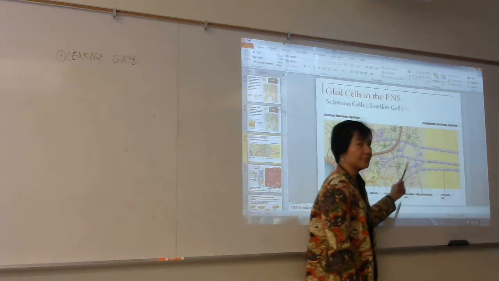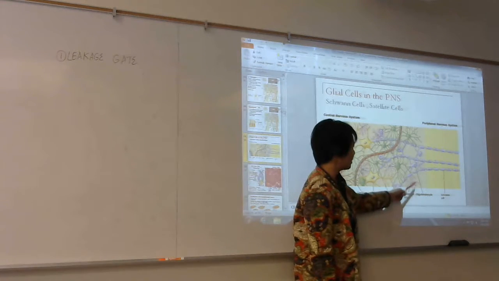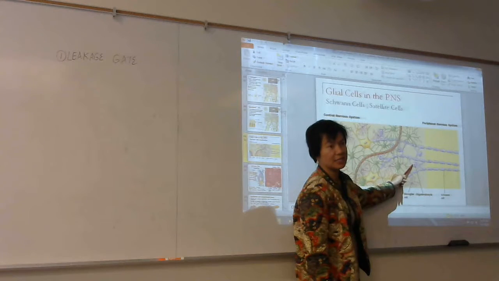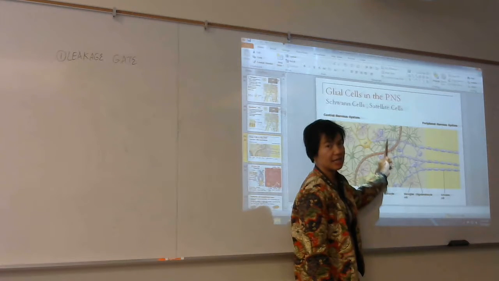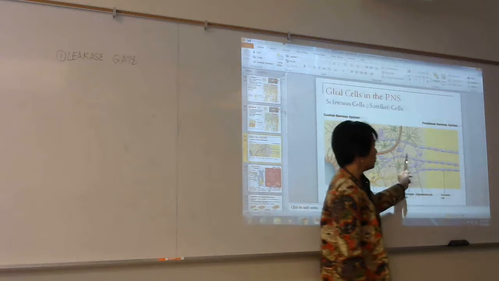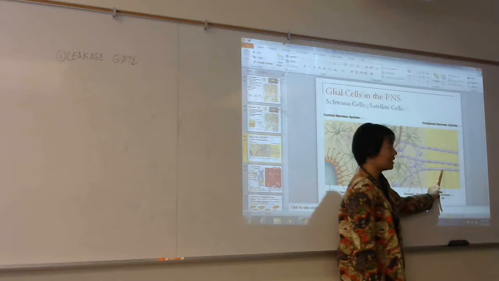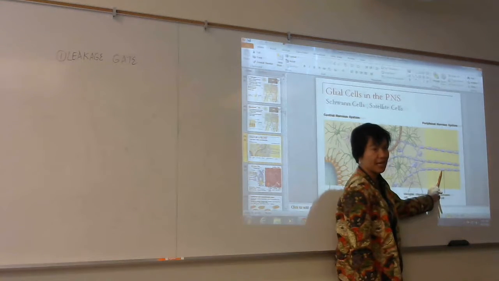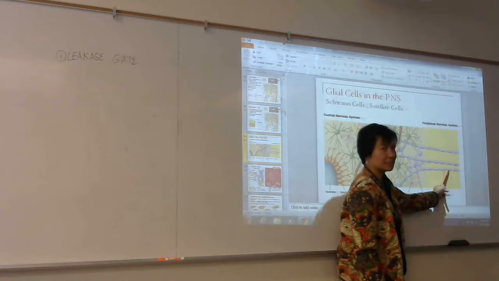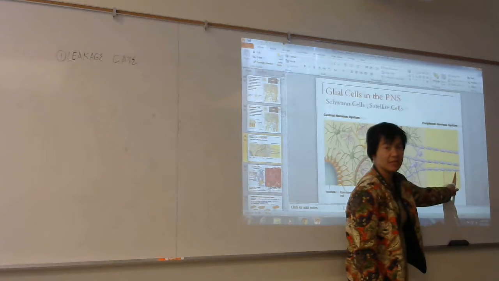You notice something? You look at this oligodendrocyte. One oligodendrocyte myelinates several axons. Whereas you look at this one Schwann cell, just one segment of the axon. Then that's another Schwann cell, that's another Schwann cell. Okay?